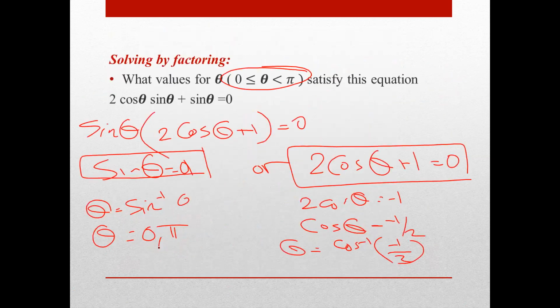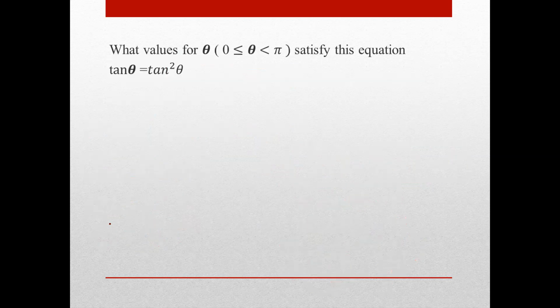So theta is 2 pi over 3 and 4 pi over 3. But 4 pi over 3 is not in my interval, so I will choose only 2 pi over 3. And here it's from 0 to pi, and pi is not included, so I choose only 0.